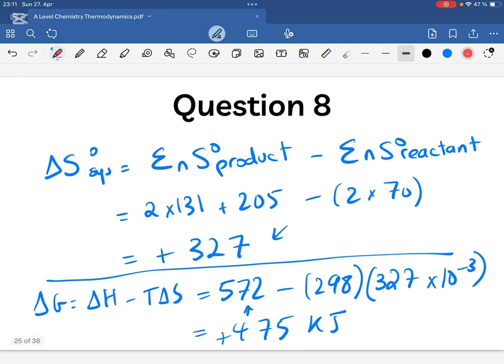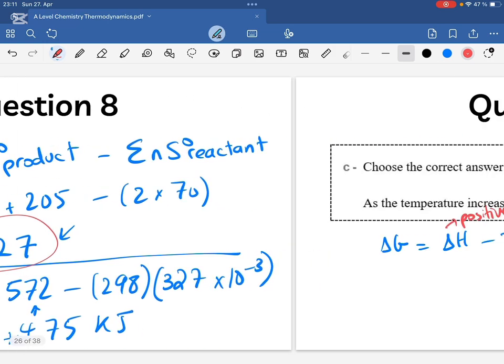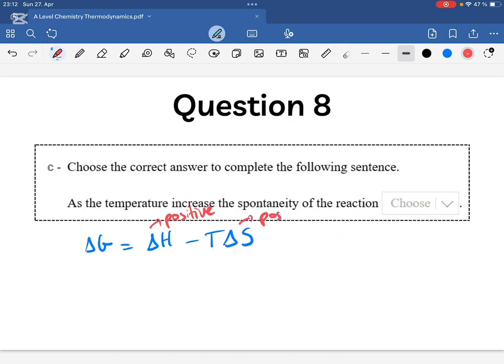And the delta S is also a positive value. Now, if the temperature is going to increase, so T delta S is going to increase. And this means that the delta G is going to become less positive, or it's going to become more negative.